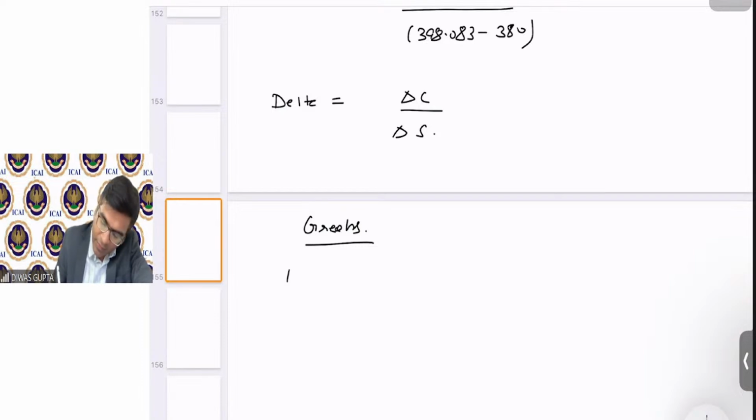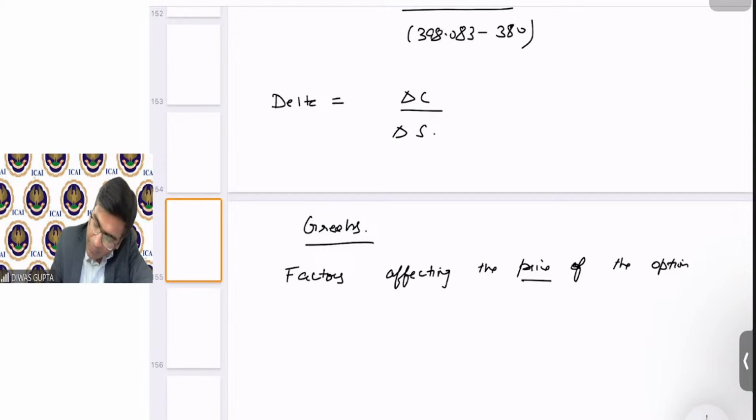Greeks are factors affecting the price of the option, which is called the premium. So any factor which affects the premium of an option is called a Greek. The first and foremost factor is what we have just studied, which is the spot price.